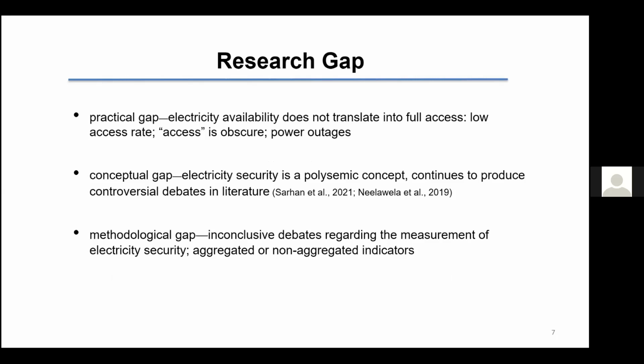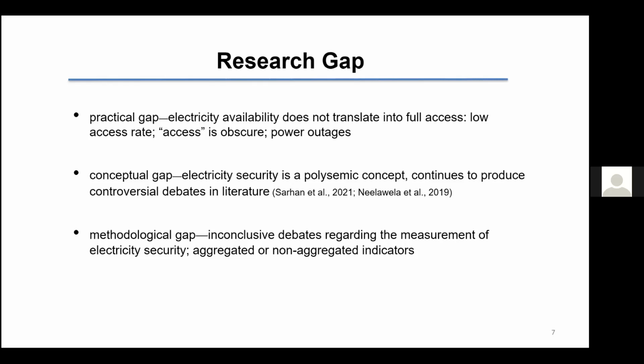There are 3 gaps here, so to say. On the practical side, what I've just concluded with on the previous slide is issues of electricity access in Uganda. Having available energy resources, including electricity itself, does not translate into access.